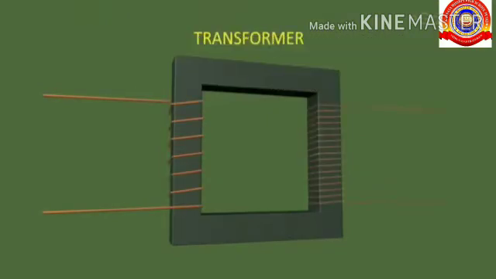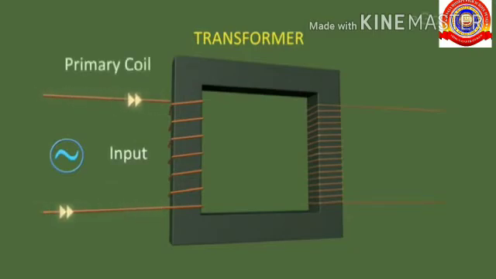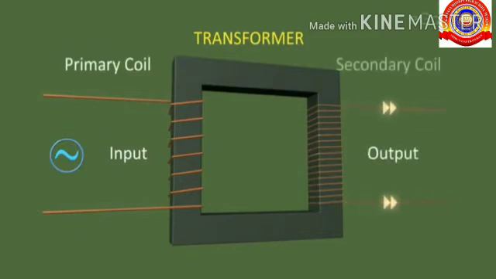A transformer consists of two coils, primary and secondary coil, wound around a soft iron core. The AC is given through the primary coil, and that is the input. Due to the magnetic flux change, the secondary coil produces induced EMF, and that is the output.